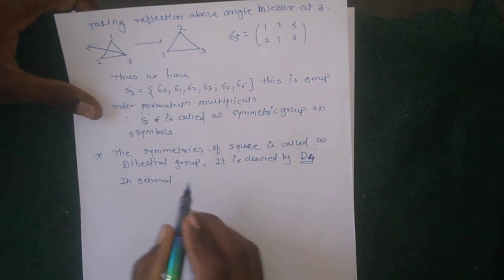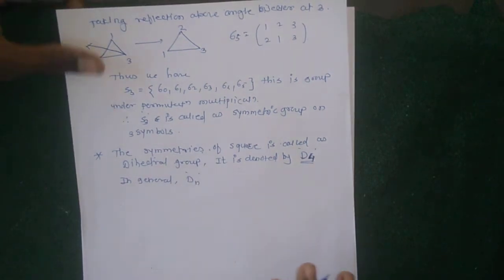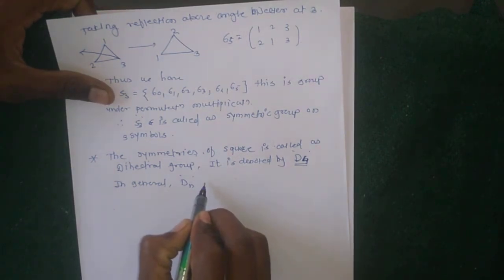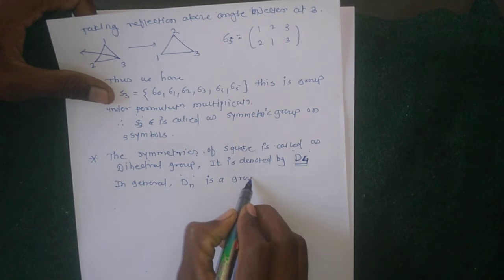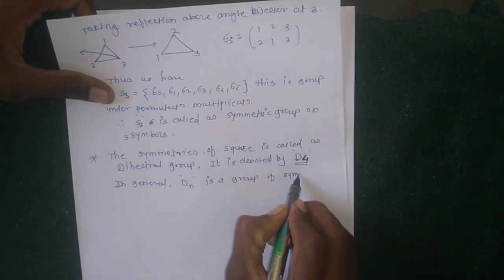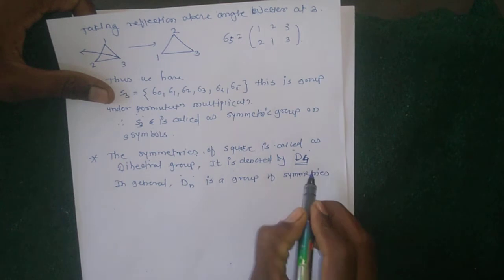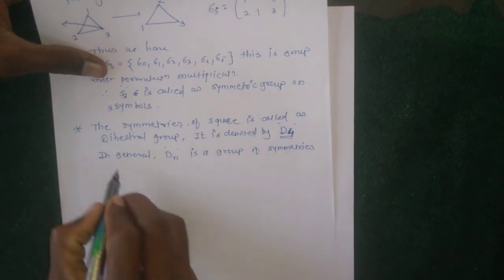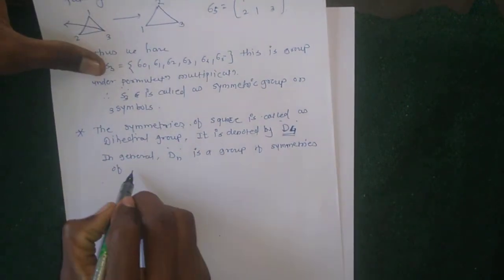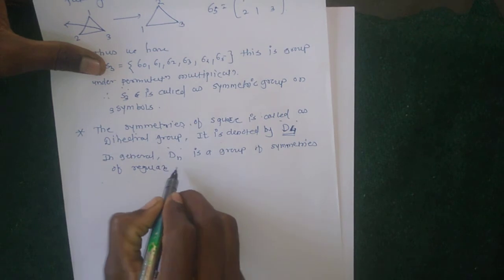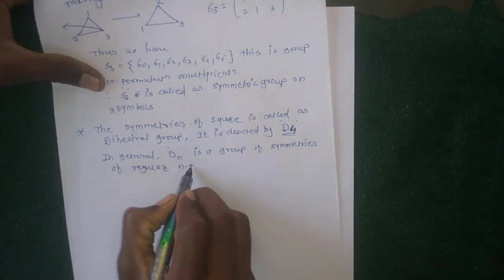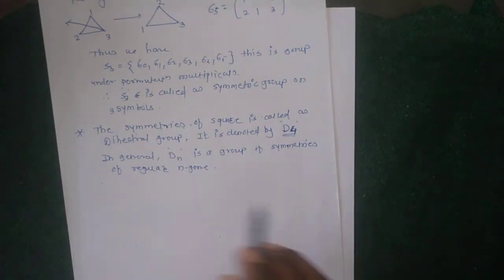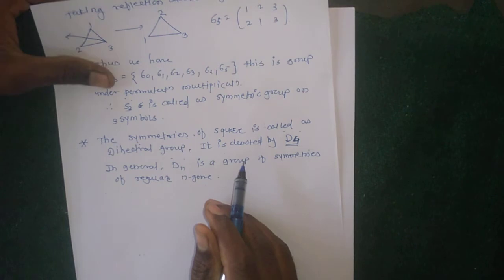In general, Dn is the group of symmetries of a regular n-gon, which has n sides.